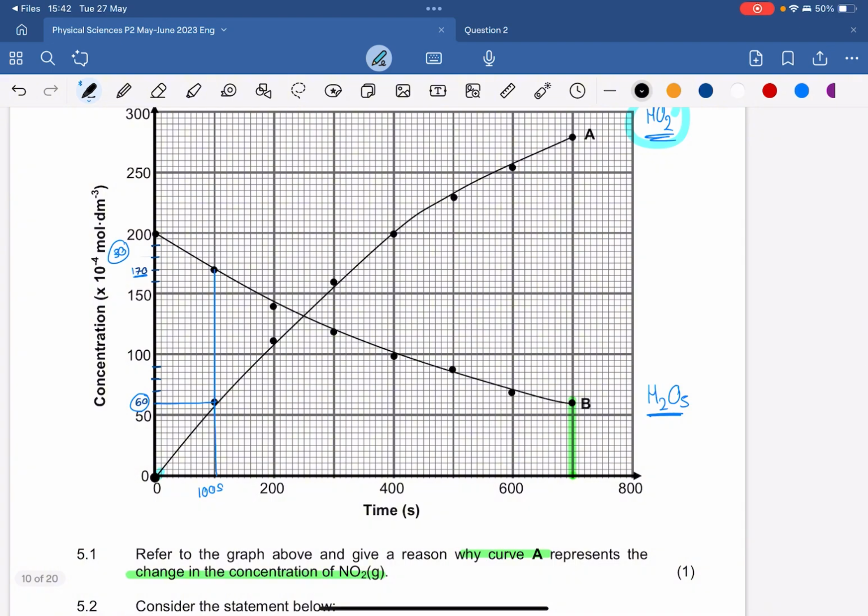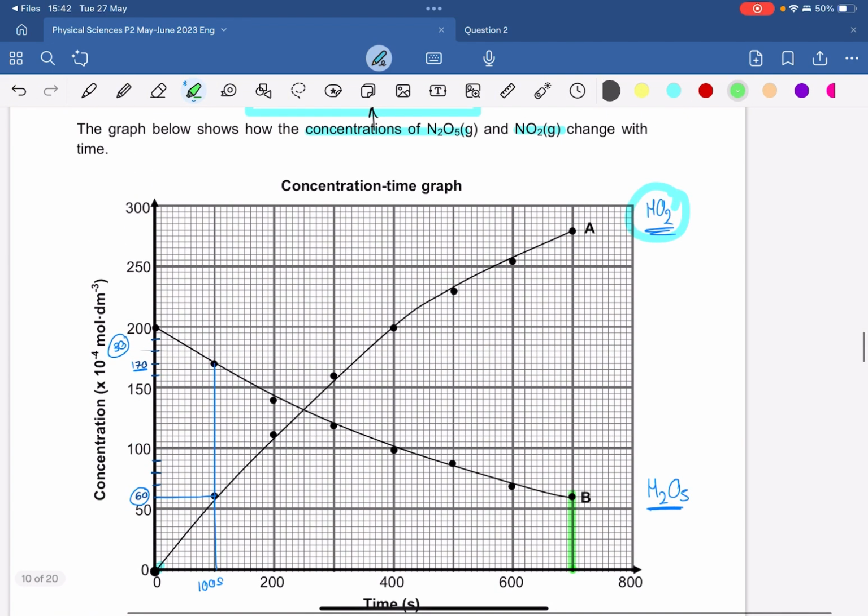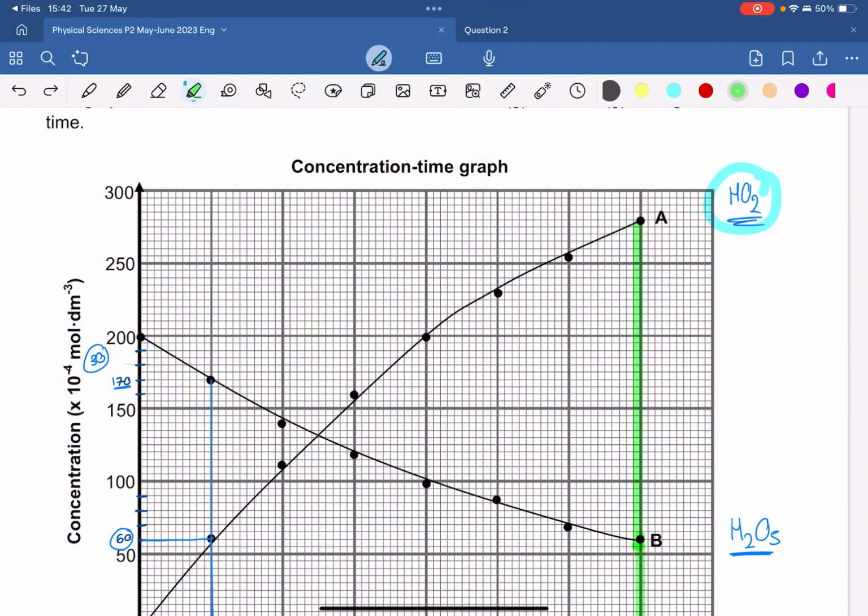If I go to 700 seconds, I trace it back there. How much is that? Maybe let's use a thinner line. Right about 700 seconds, the concentration hits there.